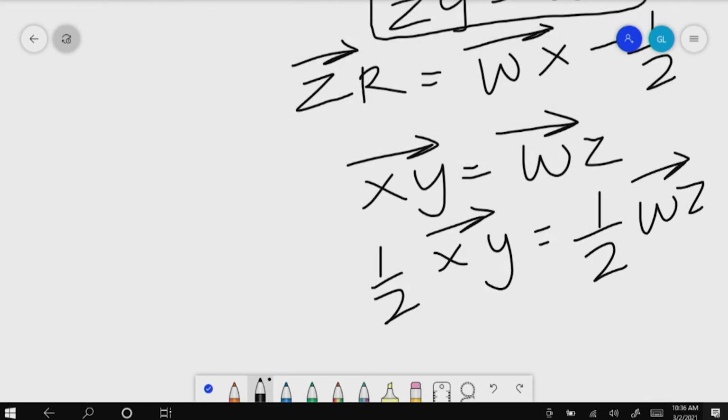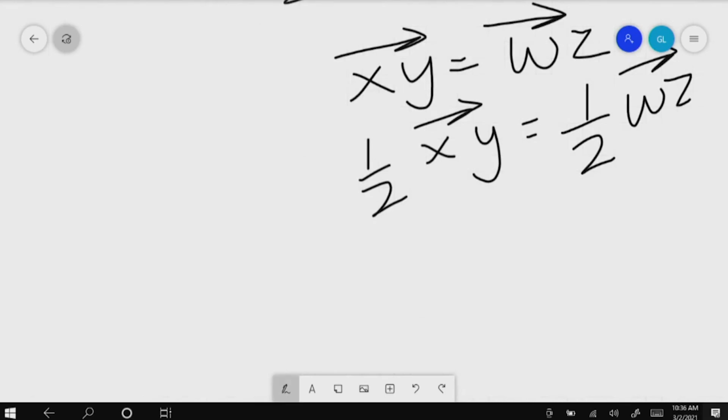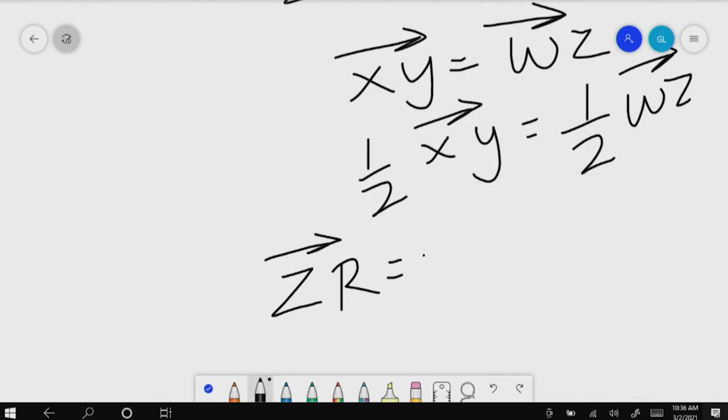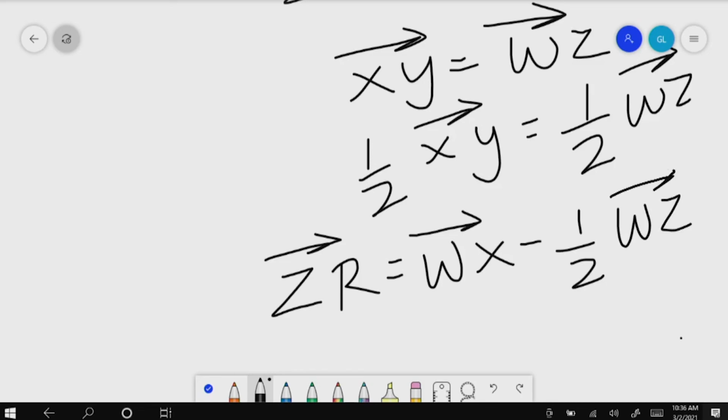So in substituting half of WZ, the solution for our question here to find vector ZR, it would have been vector ZR is equal to vector WX minus half of vector WZ.